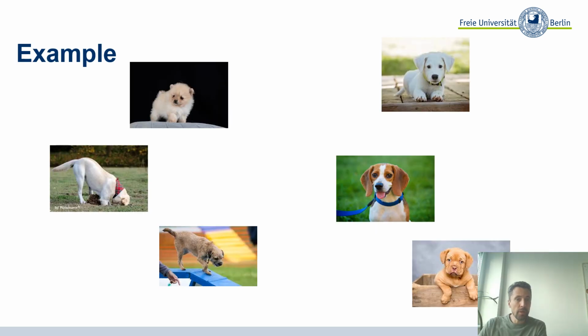Okay, so before we introduce a new algorithm to you, I wanted to go through this example with you to emphasize the importance of the distance metric, or the importance of how you represent your input data.